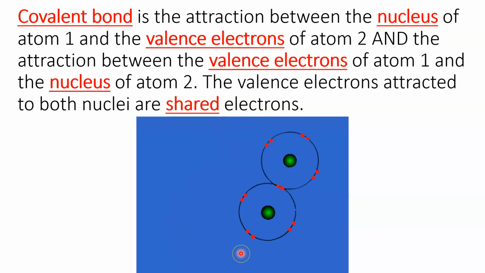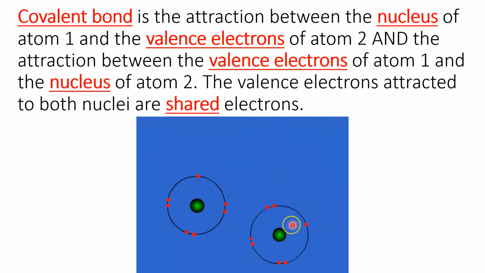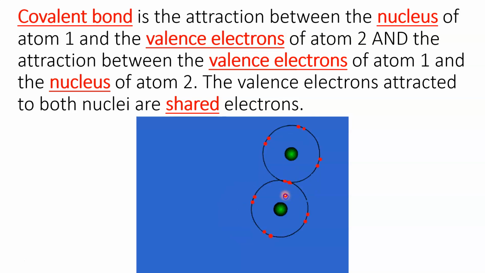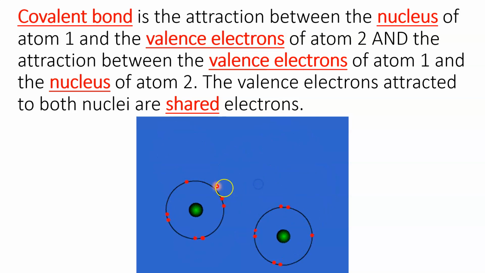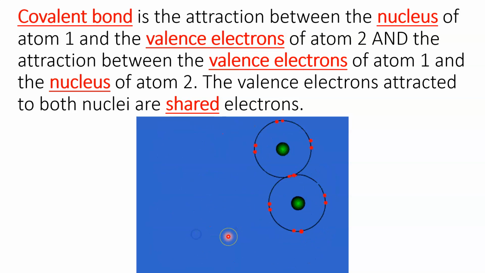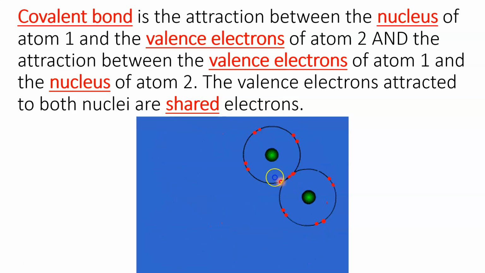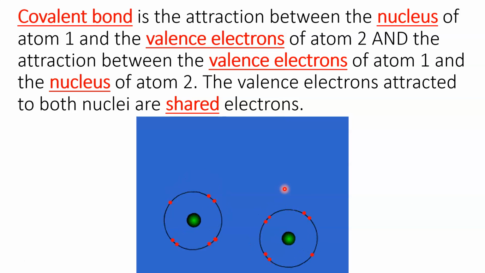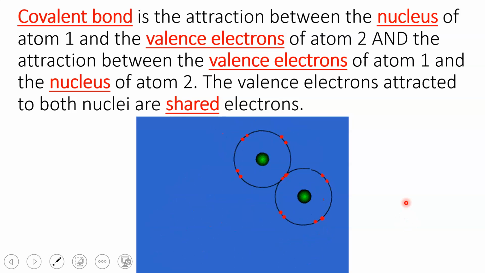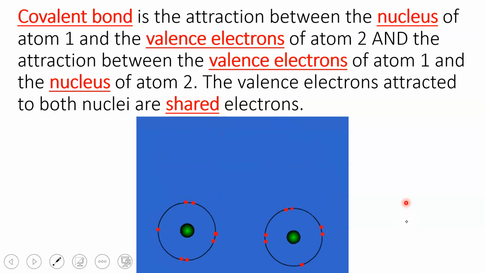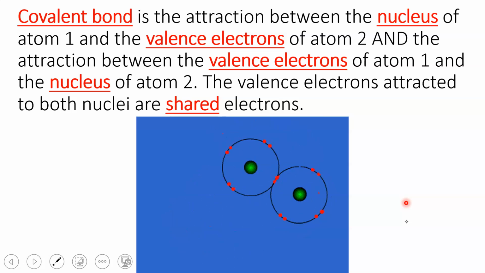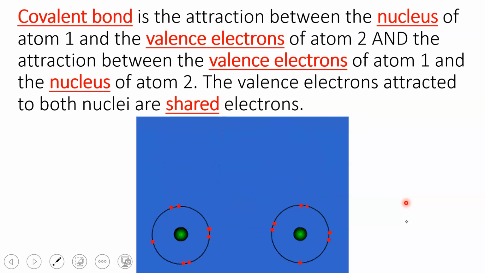That allows them to get closer. Now this is atom 2. The nucleus in atom 2 is attracted to the electrons in atom 1. And as they get close to each other, they end up sharing those unpaired electrons between them, and most of the time those electrons spend most of the time between the two atoms.